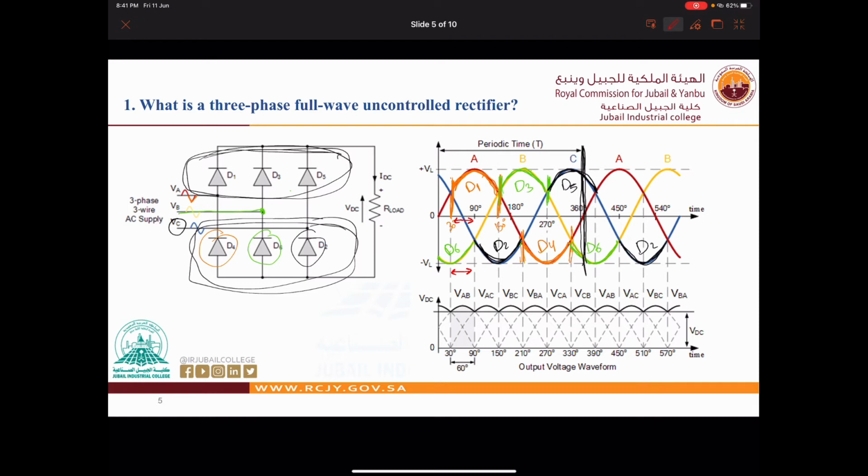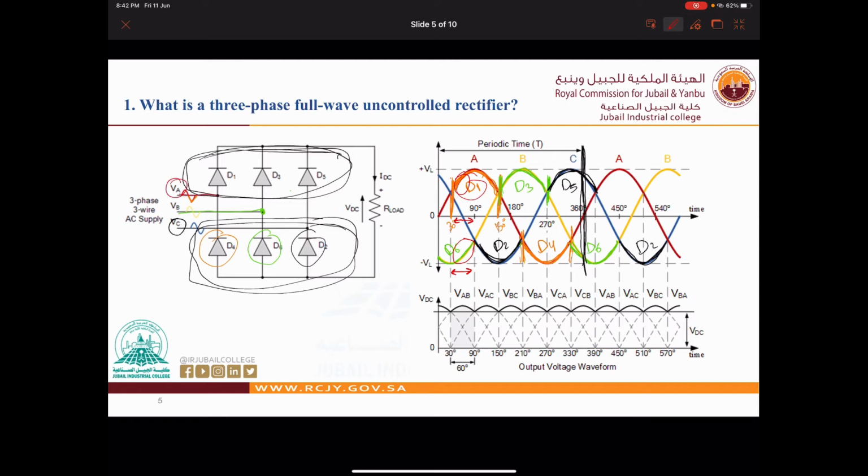Now from 30 to 90, we can see here that D1 is conducting, and D6 is conducting. So we have two diodes, D1 and D6. And as you can see, D1 should be connected with VA, right?